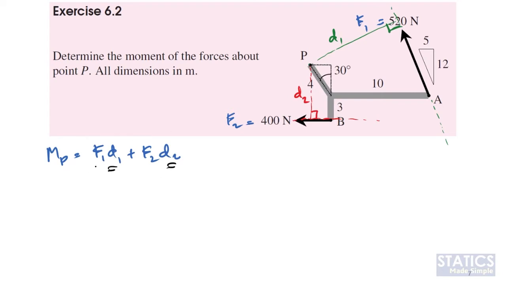So our task is to determine what our D1 and D2 are. F1 and F2 are given in the question. So we can use our mathematical skill to determine the angle and try to deduce the value of D1.